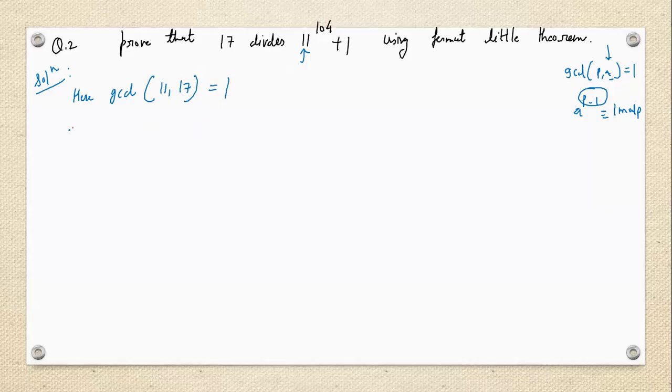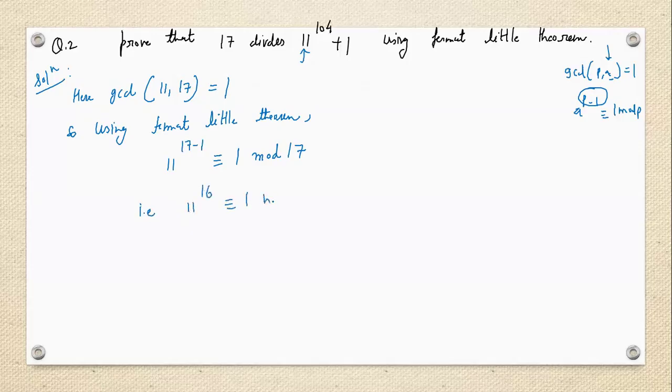So using Fermat's Little Theorem, can't we say that 11 to the power 17 minus 1 is congruent to 1 mod 17? Correct? That is 11 to the power 16 is congruent to 1 mod 17.